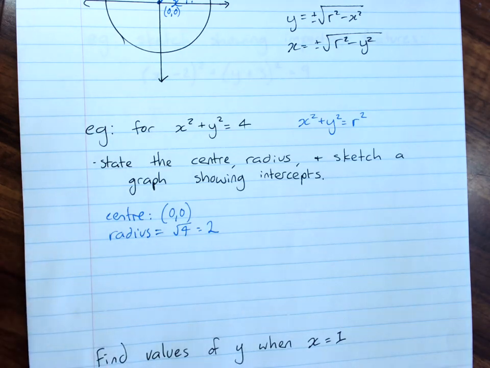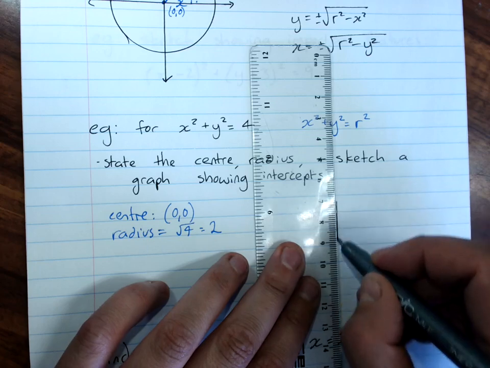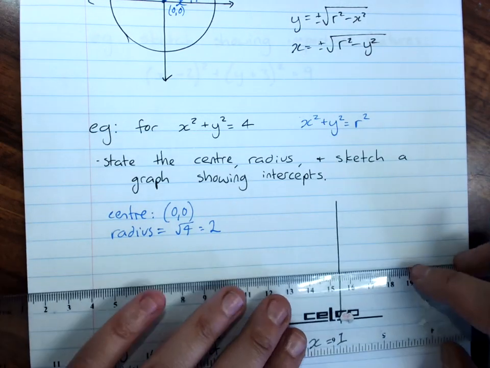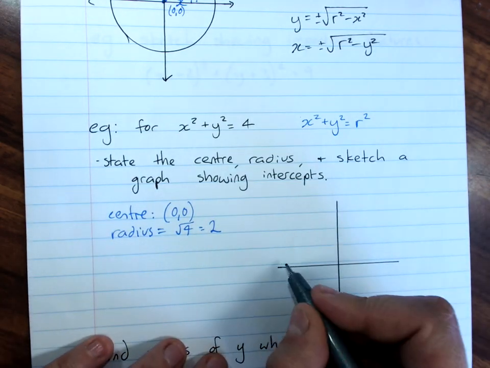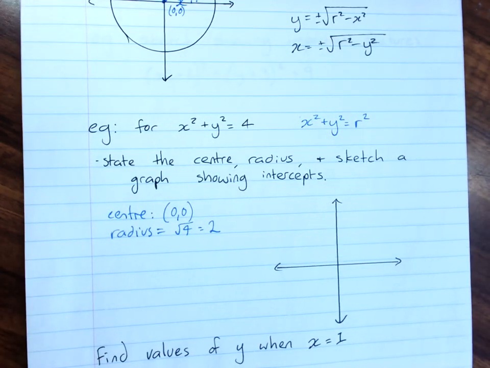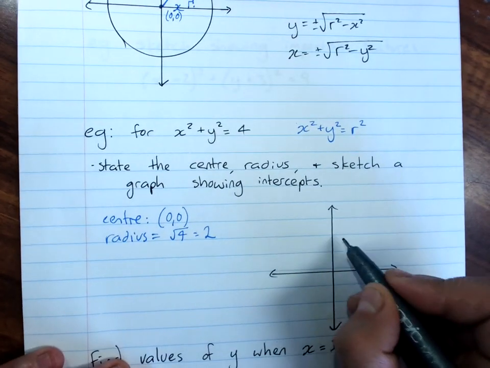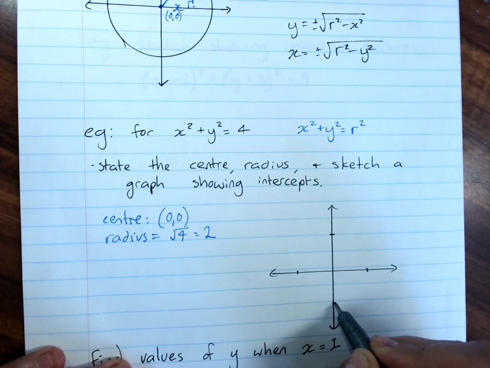And if you're asked to sketch the graph of a circle showing the intercepts, absolutely all you need to do is draw a little table of values, draw a set of axes, and mark the same distance out on all 4 axes.